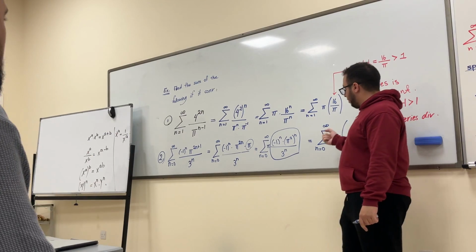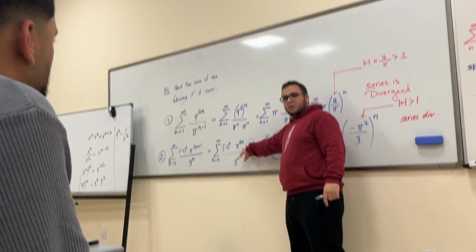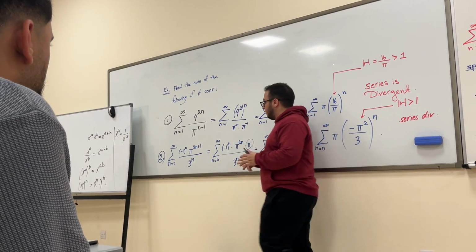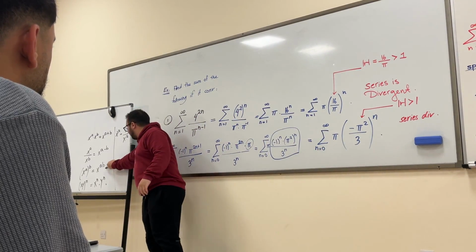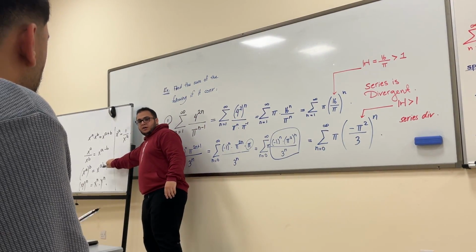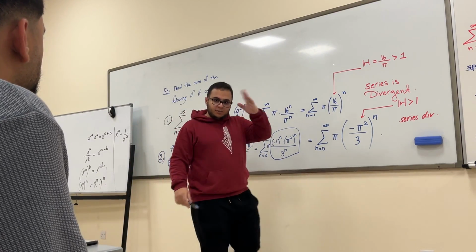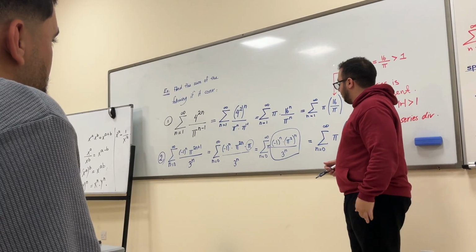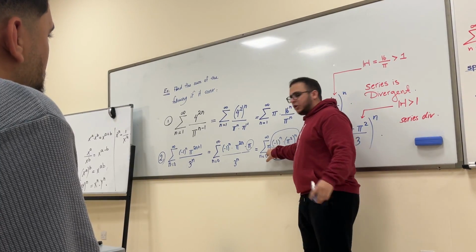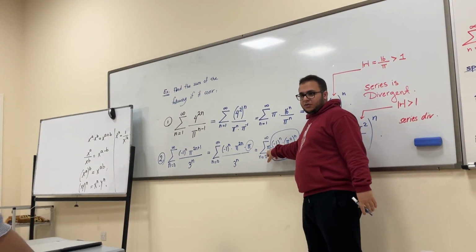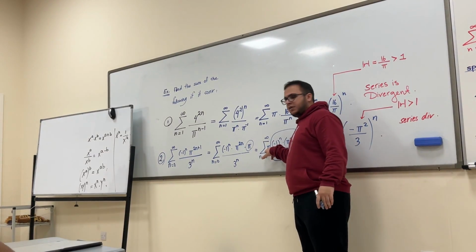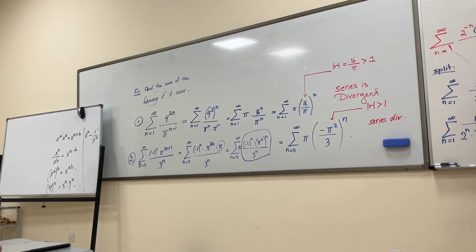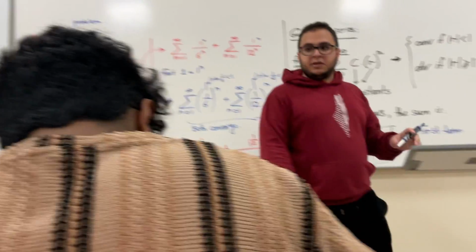You don't need 2n. You need n. So you use this rule: pi 2 and then power n. But we already have a pi there. Where? Ah, here? This is a constant. I kicked it out. I put it here. Okay? Let's do maybe telescoping.